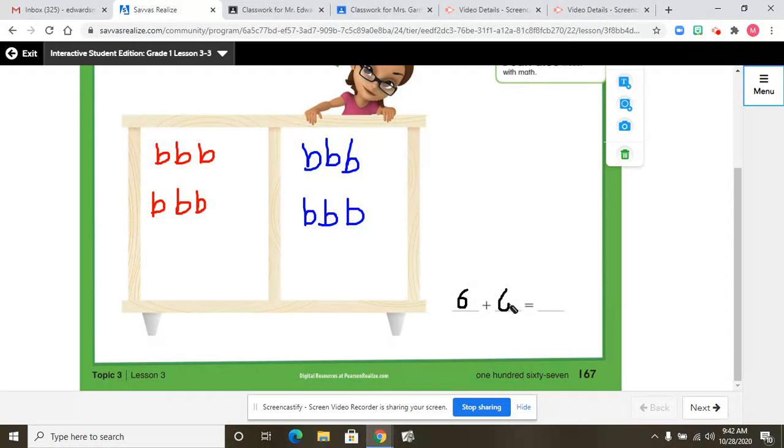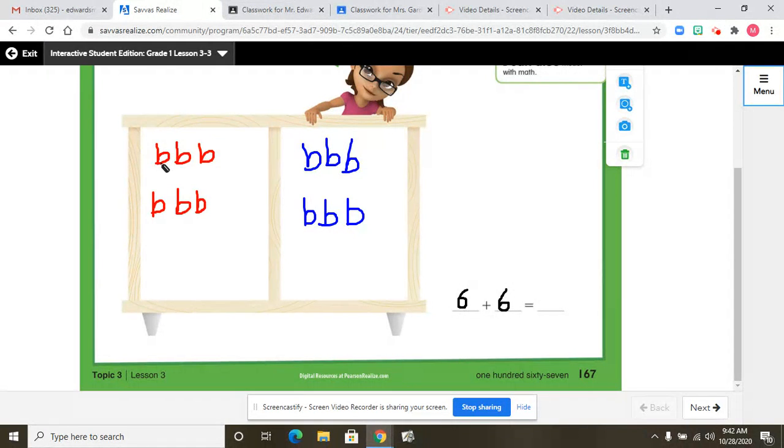plus 6. Now, if you remember from the video, they gave us the answer for 6 plus 6. Or if you know this in your brain, you can write your answer. Or if you want to use your number line or number grid to figure this out, you can use those too. Or you can just count up how many B's there are for books.